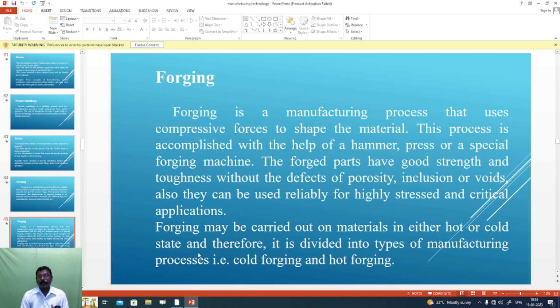The forged parts have good strength and toughness without the defects of porosity, inclusions or voids, and can also be used reliably for highly stressed and critical applications. Forging may be carried out on materials in either hot or cold state, and therefore it is divided into two types of manufacturing process, for example cold forging and hot forging.